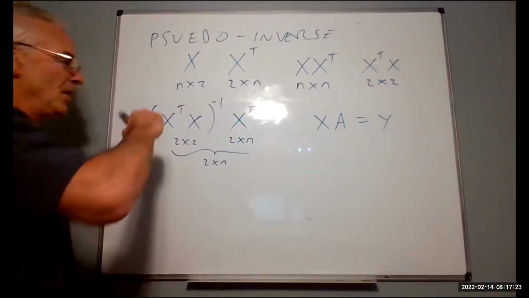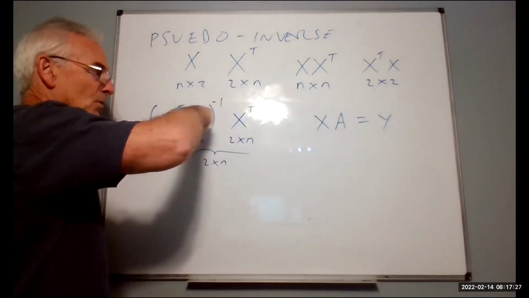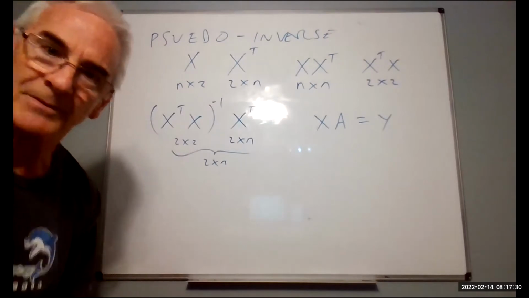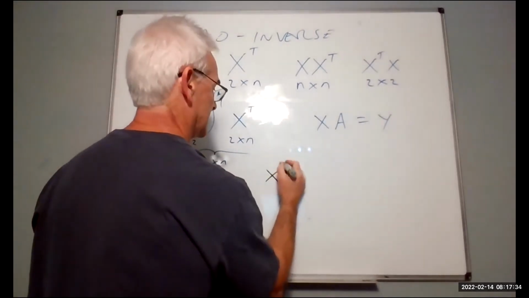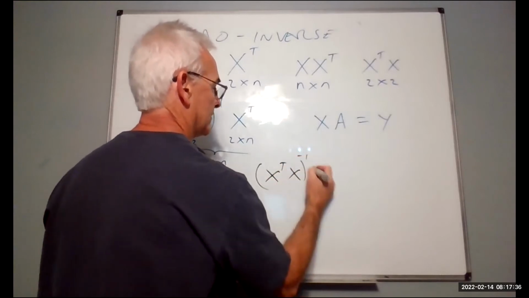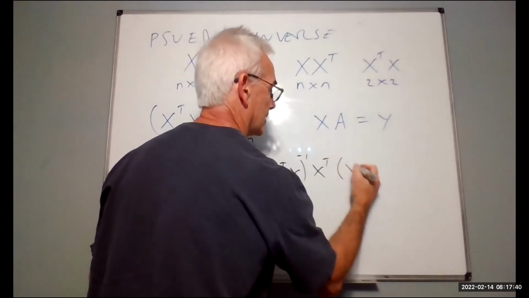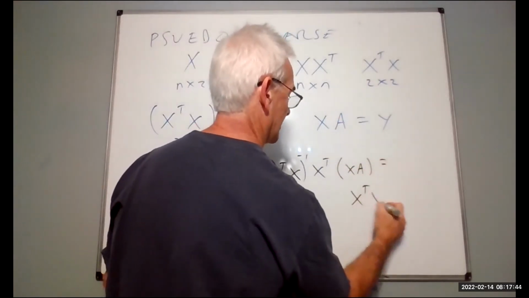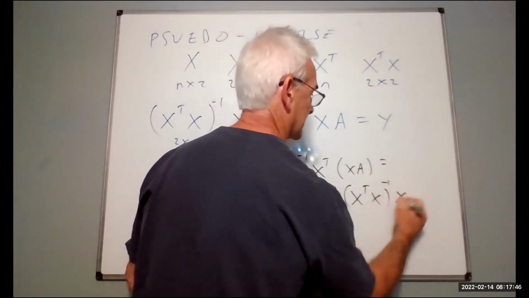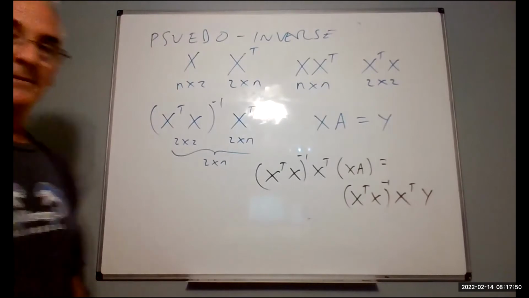Just for fun, what if I multiply both sides on the left by this big icky quantity? What would happen? Well, let's see. On the left, I have X transpose X inverse X transpose, and now I'm going to multiply it by this, equals, well, down here, X transpose X inverse X transpose times Y. That's the right side.